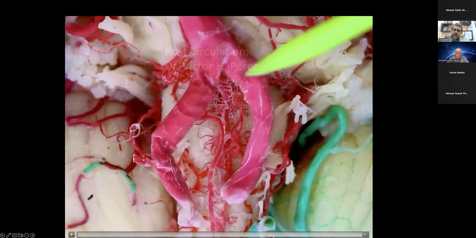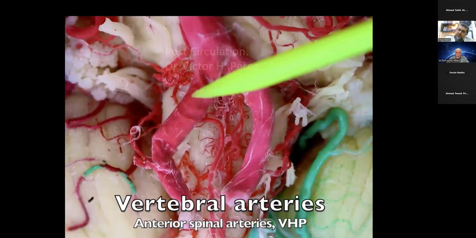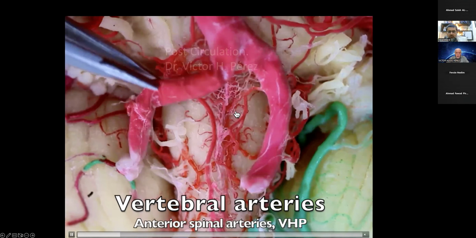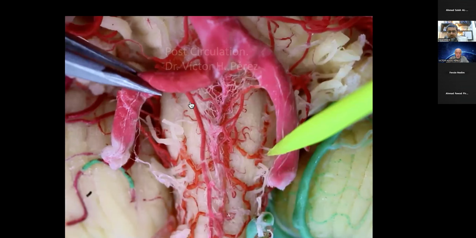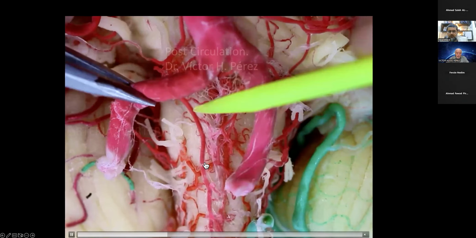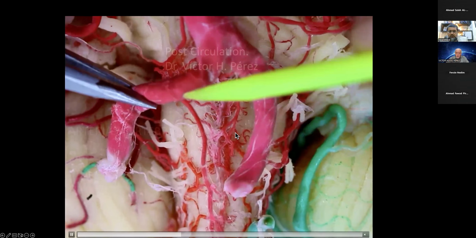The right vertebral artery, the left vertebral artery. I want you to see the arachnoid complex in this zone. So right anterior spinal artery, left anterior spinal artery.